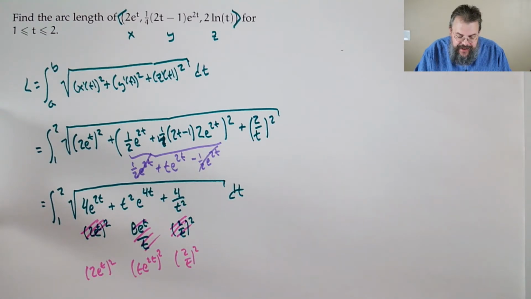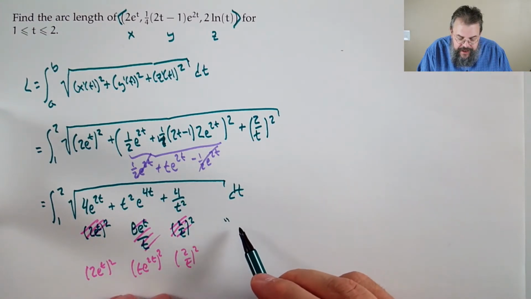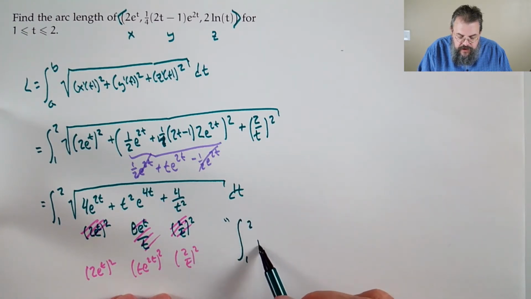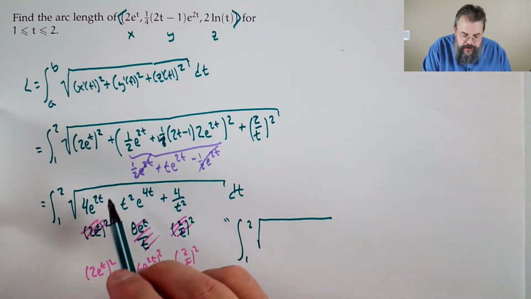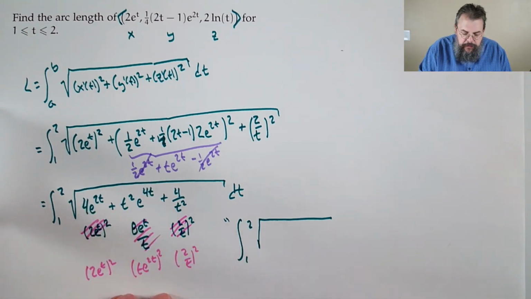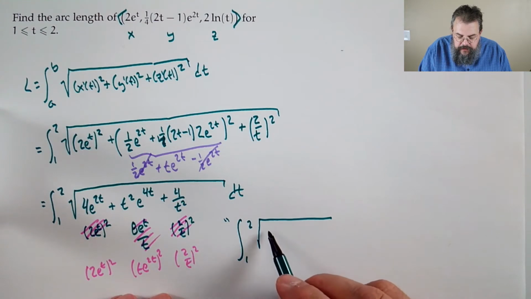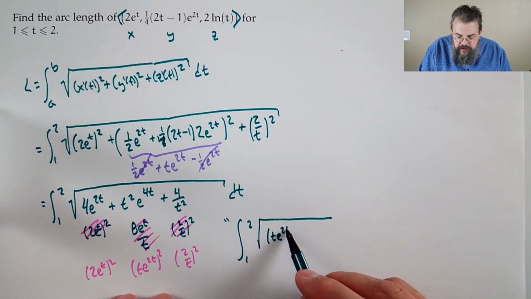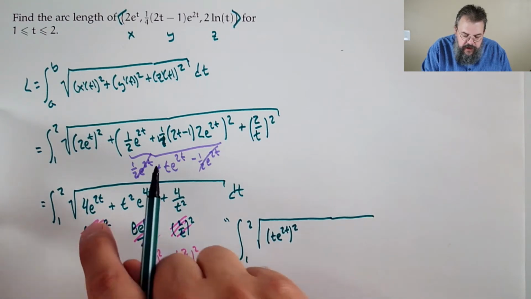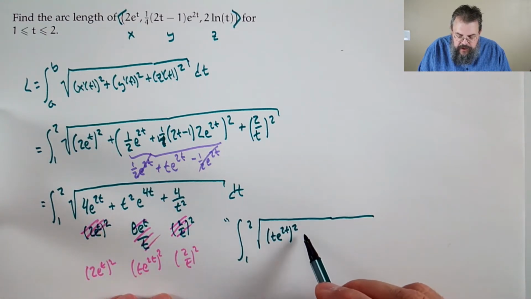Okay, so we're going to rearrange. Integral 1 to 2. We'll move this first term, this t squared e to the 4t, to the front. We're going to move that to the middle. So we have really te to the 2t squared. And then this 4e to the 2t, how are we going to think of it?